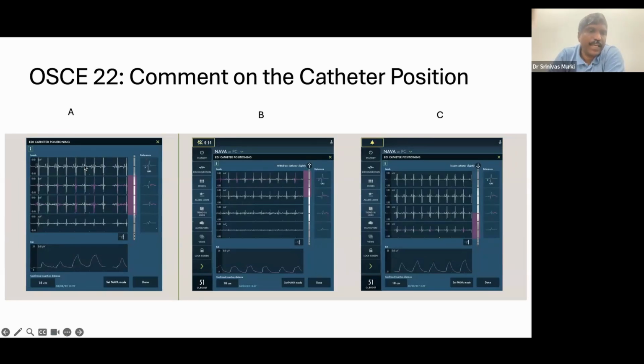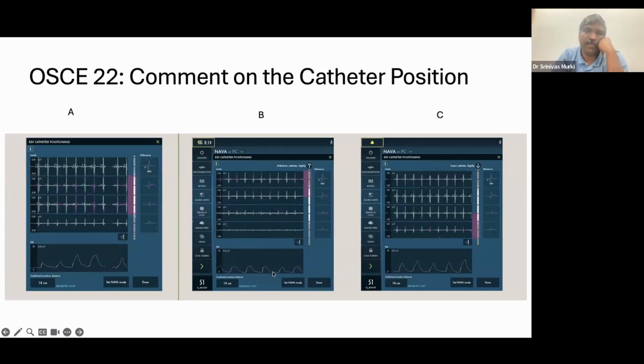And the other thing is P waves will disappear. So you can see the tall P wave and the lowermost ECG lead will not have any P wave. You can see here on the reference also, from the top to the bottom, the QRS will become smaller and smaller and the P wave will disappear and you get a good Edi current.